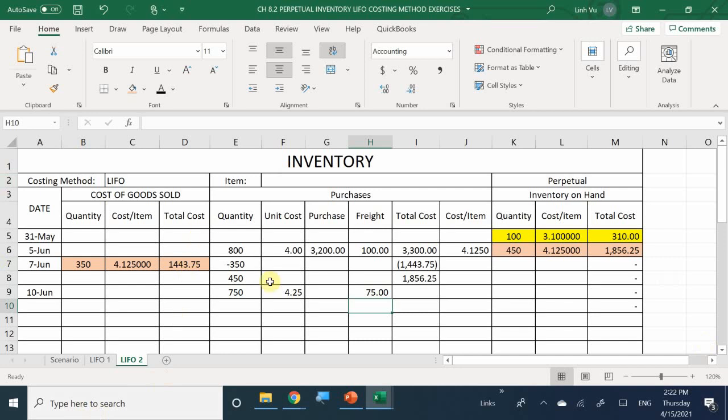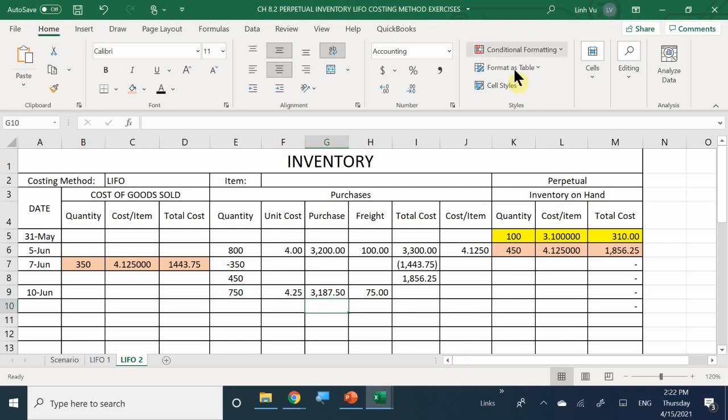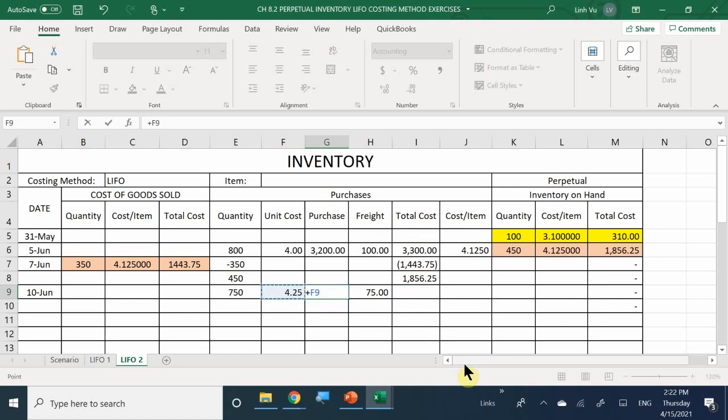Okay. So what is going to be my purchase price? 3187.5. Then after freight, 3262.5, and unit cost per item is $4.35.